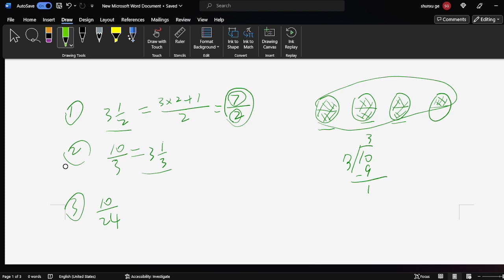So here I write, okay, here. How to write an example? Okay, I give you a picture.